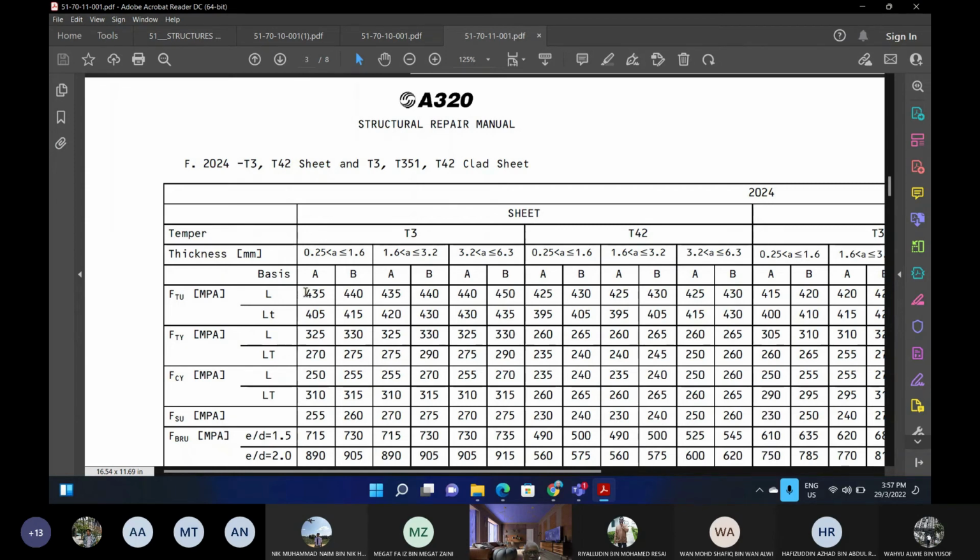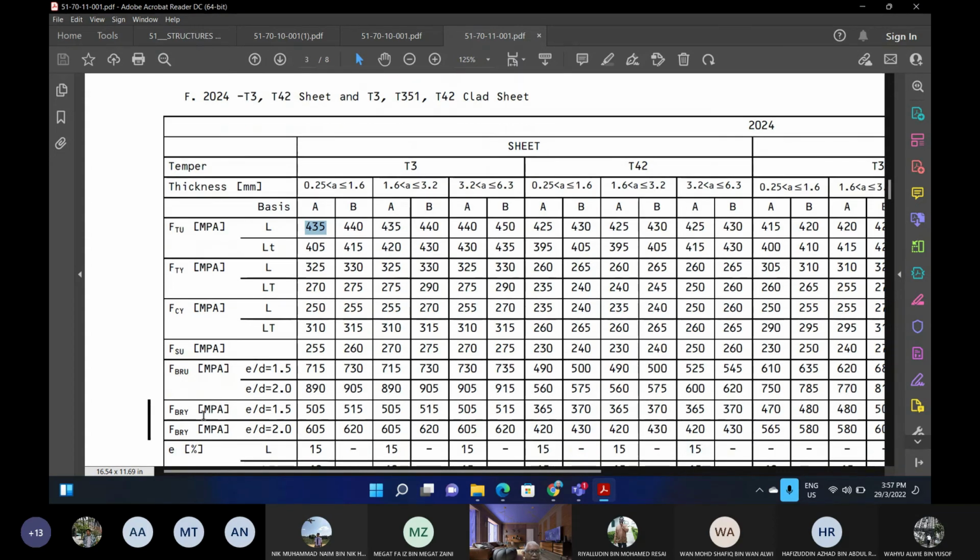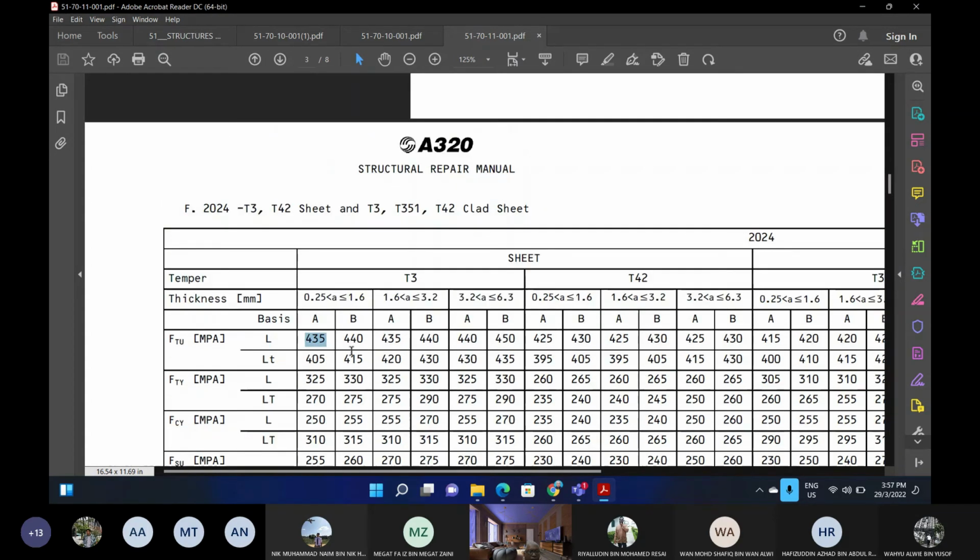And then you need to choose this value here, which is in megapascal. So this is tensile ultimate. Also you get tensile yield, compression yield, shear ultimate, bearing ultimate, bearing yield. So all given here.